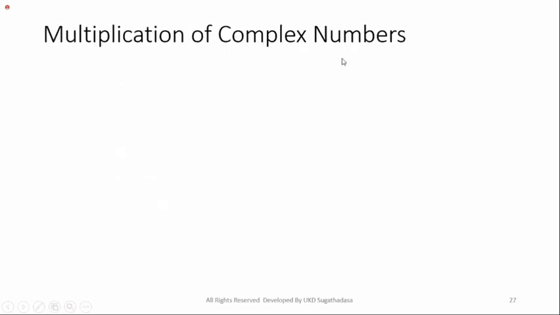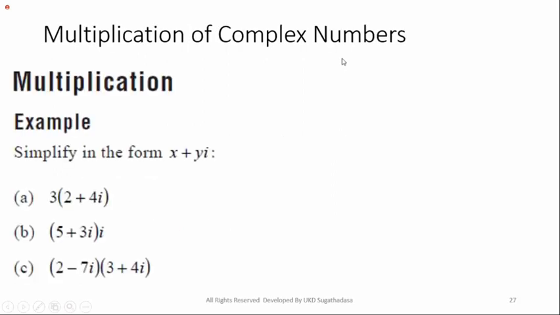Then the multiplication. A simple example: you can just multiply and try yourself. Even this is something like a face-to-face classroom, because we have to do some exercise and understand. Otherwise, by just looking at the screen, you will not be able to learn.